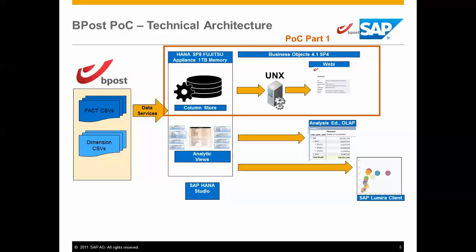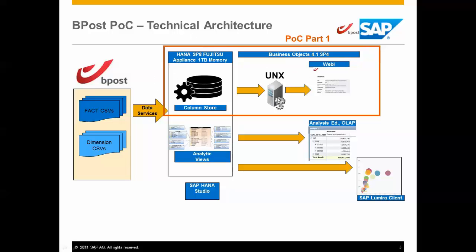If we look at the architecture that was set up, on this screen you see the architecture for the POC with a central HANA system where we loaded fact and dimension tables from CSV files.